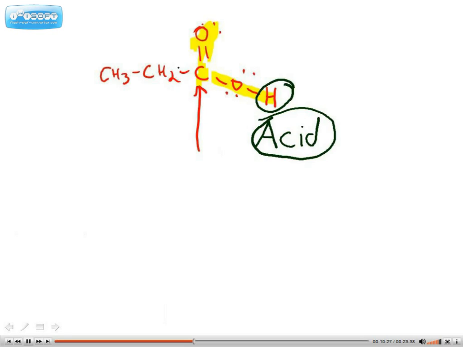So in this case, we're on carbon 1, 2, 3. It's an N carbon, so you can include the 1 or you do not have to. The 1 can be implied. The parent name by itself is propane. However, we're going to go ahead and drop the E and replace it with oic acid. In this case, propanoic acid.